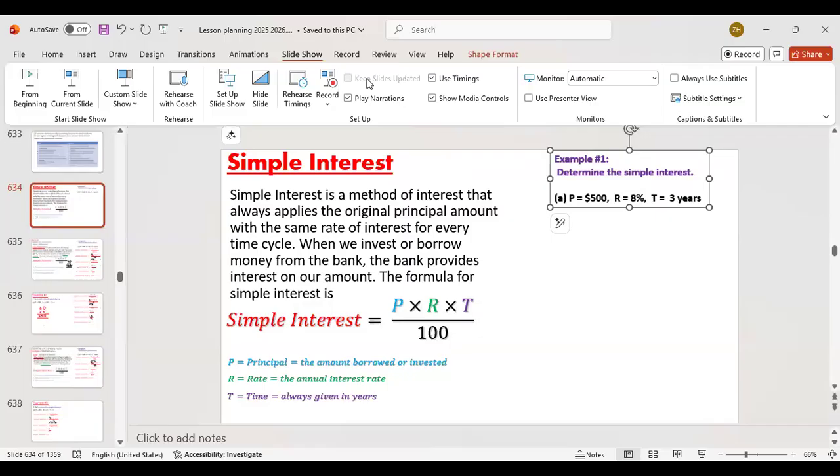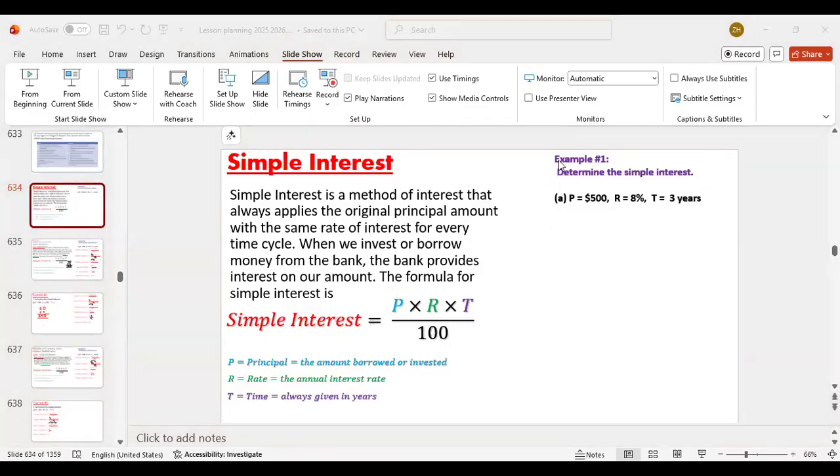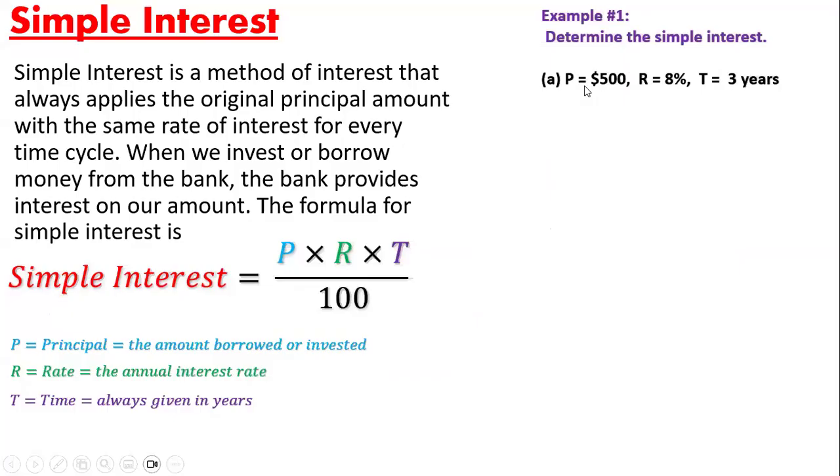Okay, so now we have this question. Go ahead, Joel, and read the question. Example number 1. Determine the simple interest. P equals 500, R equals 8%, T equals 3 years.